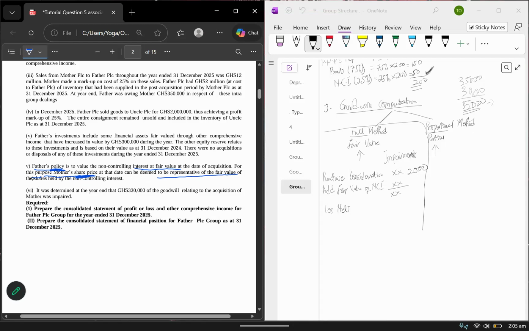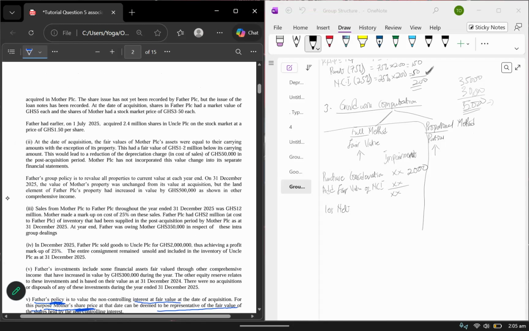So what they are trying to say is to use the share price at the acquisition date to find the fair value. So when you come here, I think the market value is this, and then the share price of the mother. The mother in this question, the mother was a subsidiary. So they've given you the share price for the mother as well. Okay. Normally, when you are doing the proportion method, they will not give you those things because you will not need them.